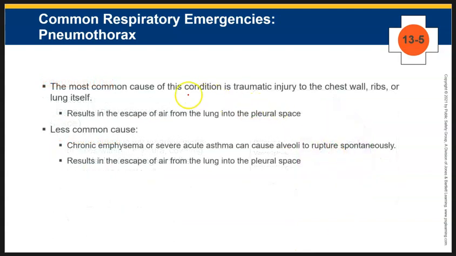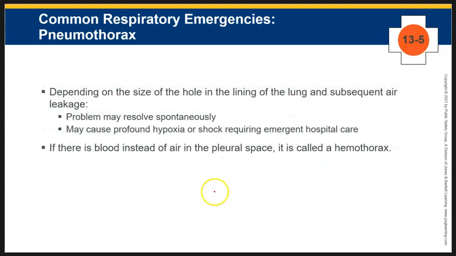The most common cause of this is traumatic injury to the chest wall, and so air actually approaches from the lung into the pleural space. Less commonly, we may see rupture of the alveoli, allowing for that leakage of air into the pleural space. Now, depending on the size of the hole in the lining of the lung and the air leakage, we may get a problem that resolves spontaneously, or we may see an emergent situation that results in profound hypoxia.